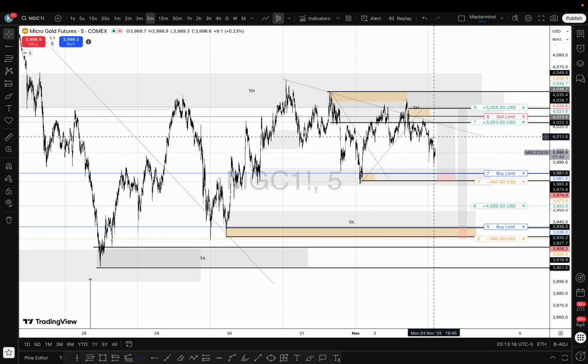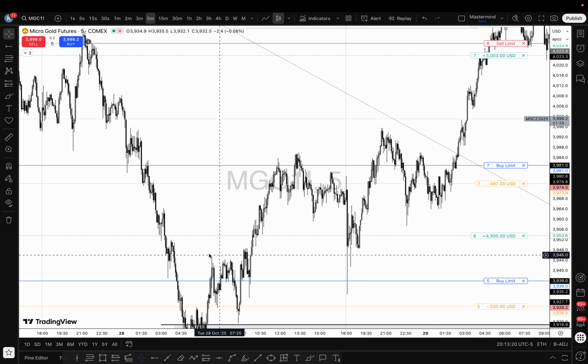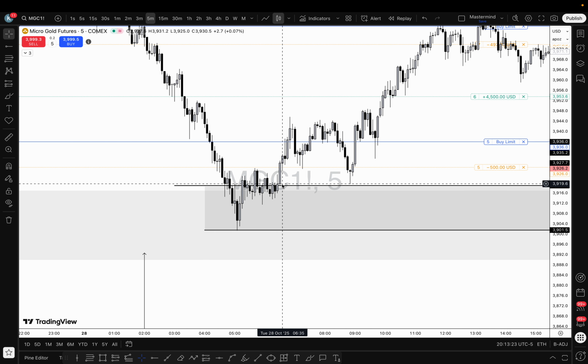And then for the last trade, we have this zone here.